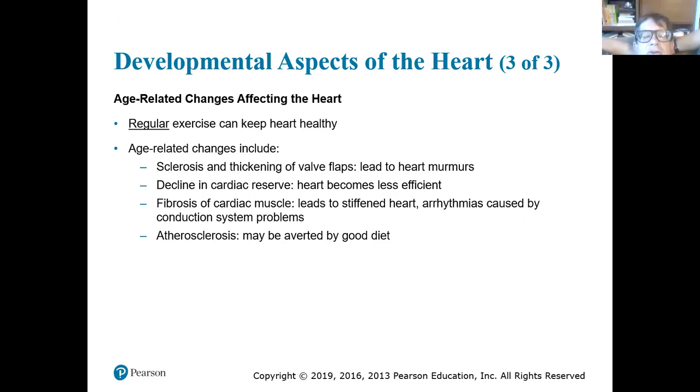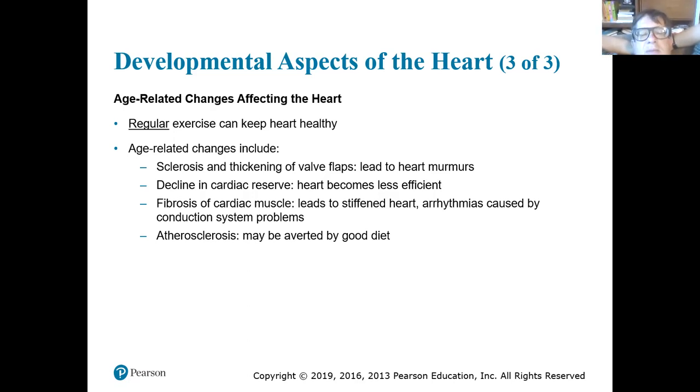Declining cardiac reserve, the heart gets less efficient. But remember, the reserve was how much more the heart could output if it needed to. You're not going to have as much of that. You won't be able to run from the bear as well if you have to run from the bear, or whatever reason you're having to do that.